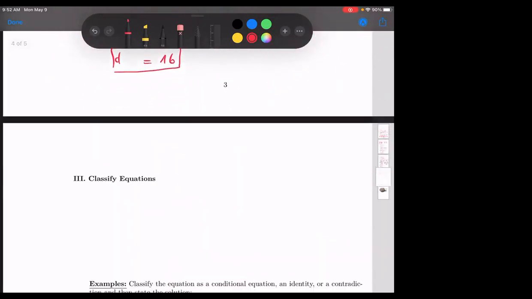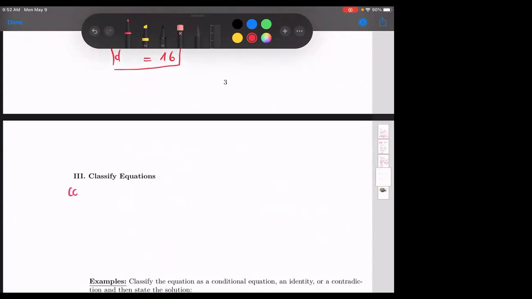An equation that has one solution, we call that conditional, because that's the condition, that's the only solution that is accepted, right? So the first one is called a conditional equation, which has only one solution, whatever that may be.